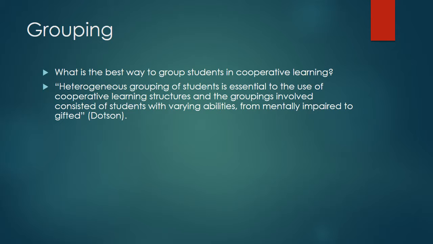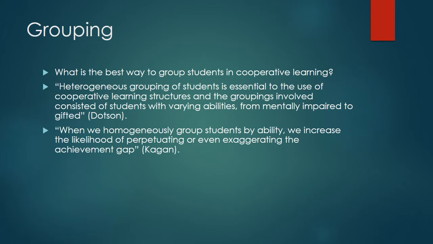And in her article, she specifically talked about a good structure to keep in mind, which is to have a high-level student, 2 mid-level students, and a low-level student together in the same group, so they can all work together and all benefit from that. Miguel Kagan adds that when we homogeneously group students by ability, we increase the likelihood of perpetuating or even exaggerating the achievement gap.